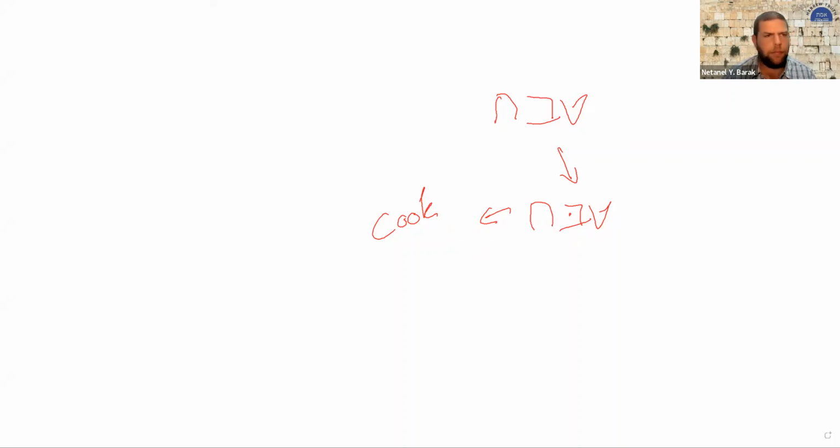So based on that concept of marrying roots and patterns, we get the word mitbach, which is the place of butchering or the place of cooking.